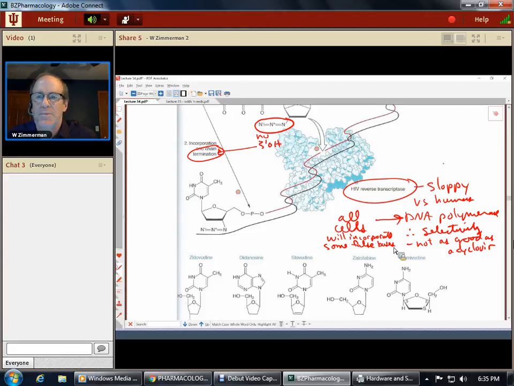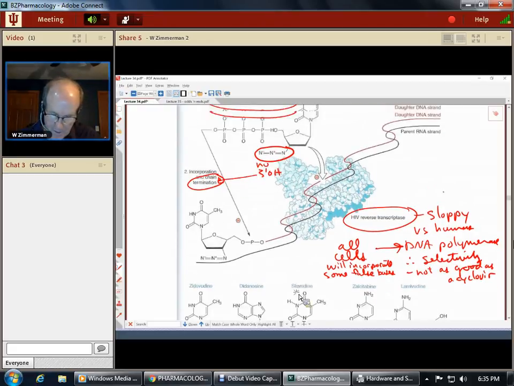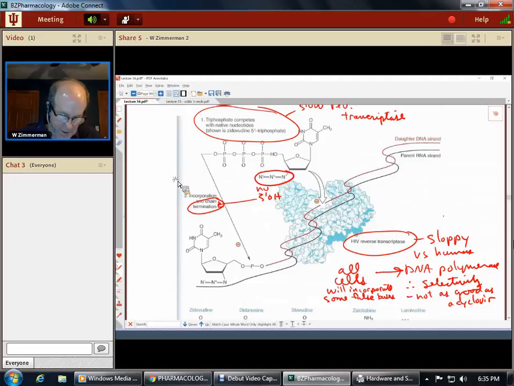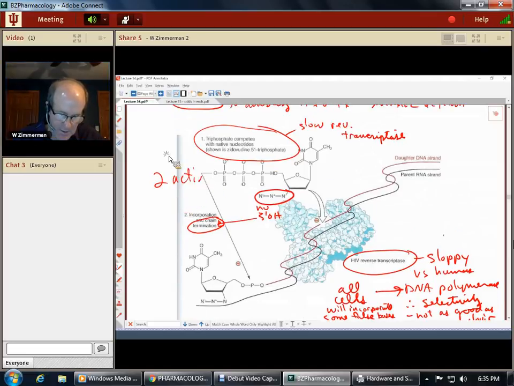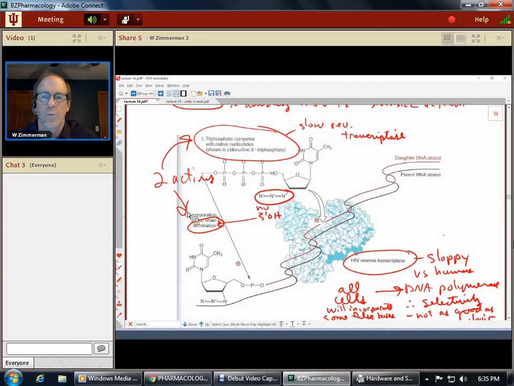So obviously it's going to happen more often in the CD4 cells because they have the sloppy virus in them. All right. So these are really the two main actions of this compound: the reverse transcriptase, and once it does get incorporated, you get chain termination.